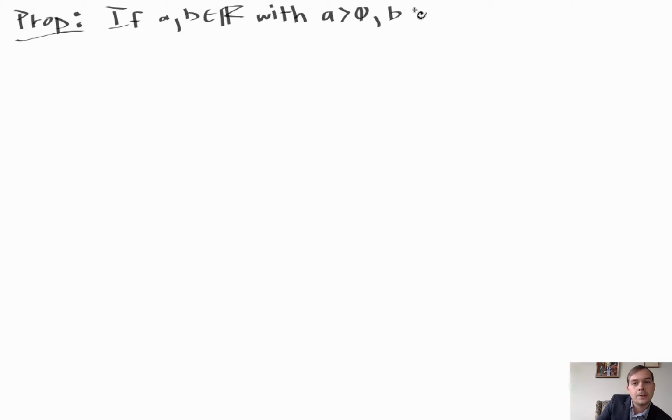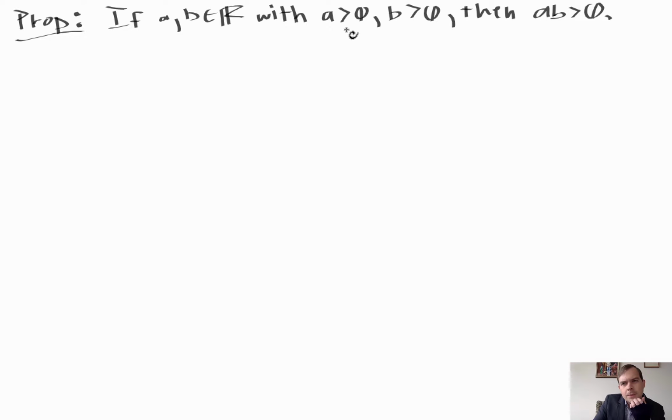Proposition: if a and b are real numbers with a greater than 0 and b greater than 0, then the product ab is greater than 0.